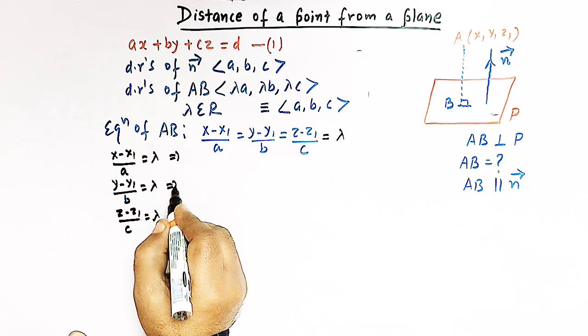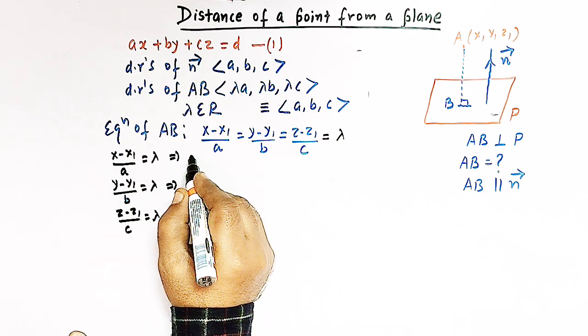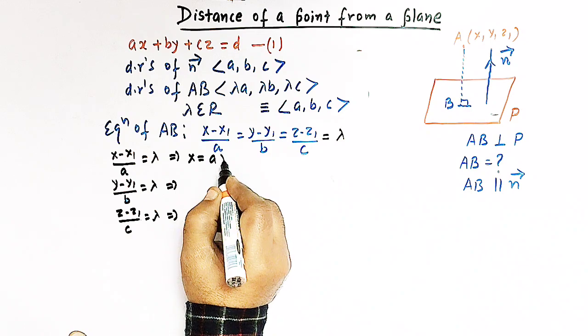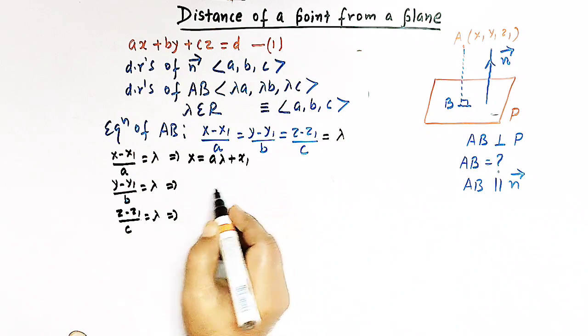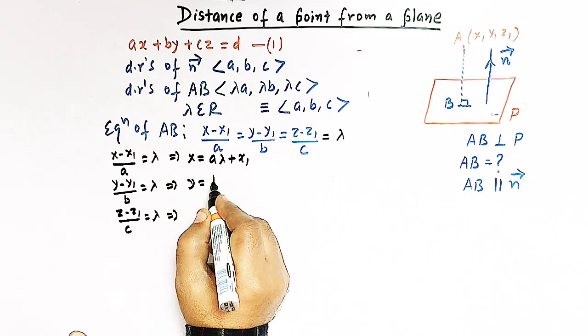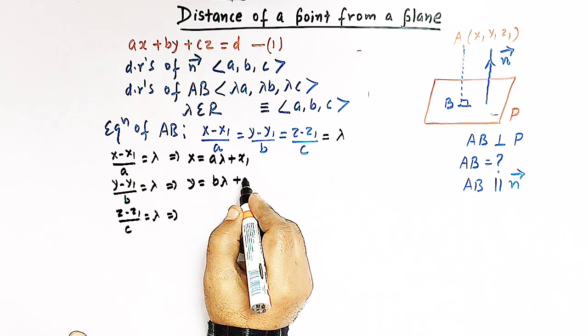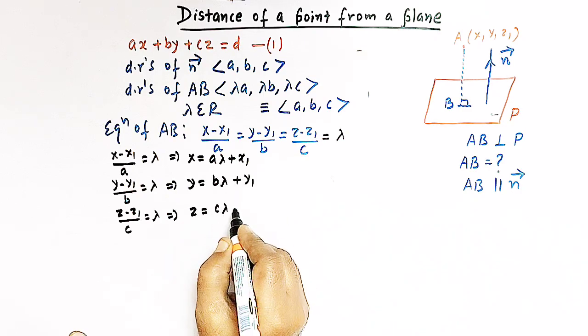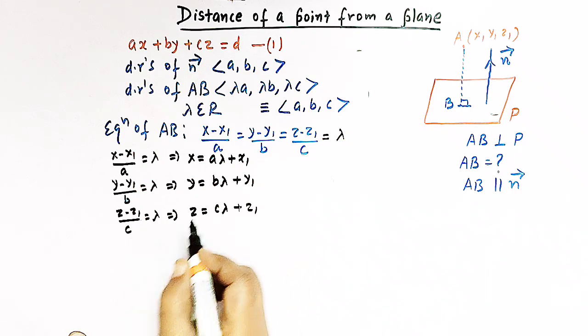So from these three equations, we can now write x is equal to a lambda plus x1, and y is equal to b lambda plus y1, and z is equal to c lambda plus z1, right?